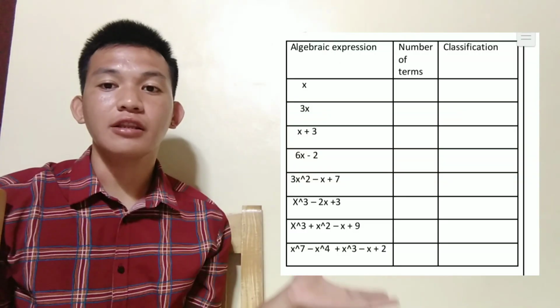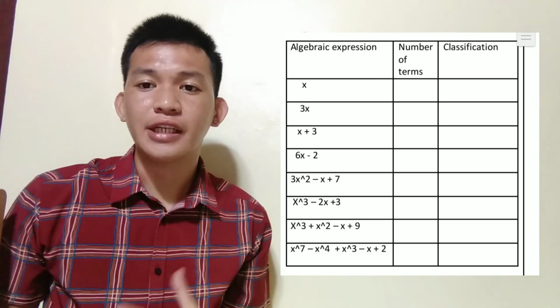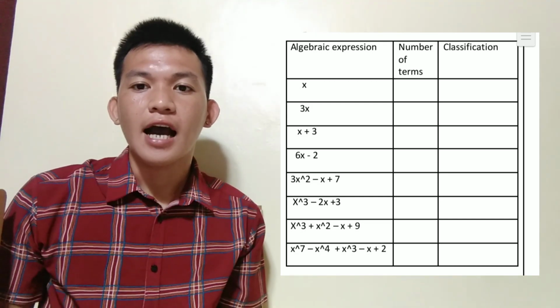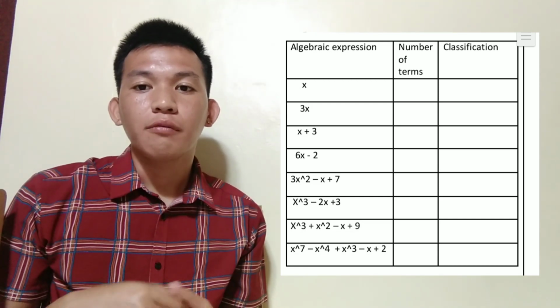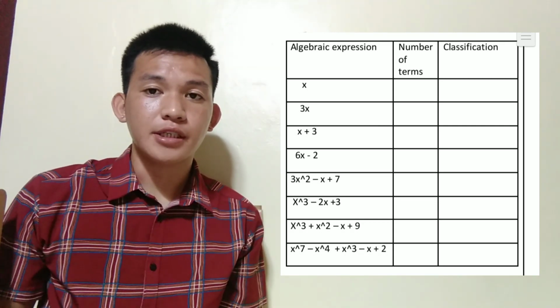I have here a table in front of you, and I want you to count how many terms are there in each algebraic expression, and we are going to classify it according to the number of terms.